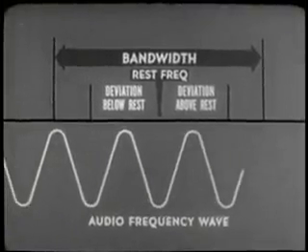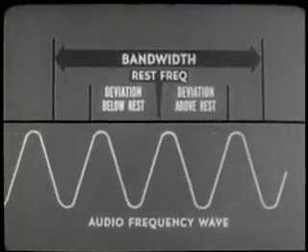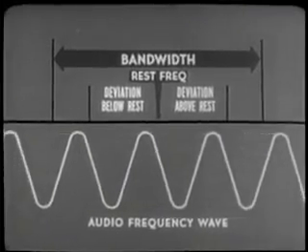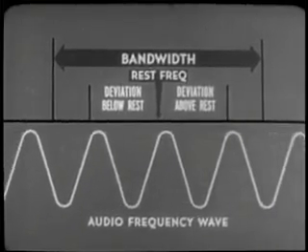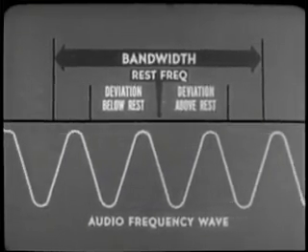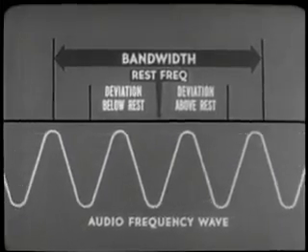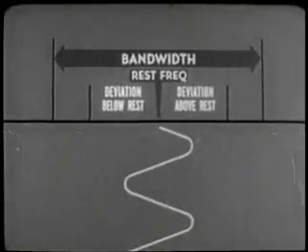Ordinarily, an audio frequency wave is visualized horizontally like this. But in order to see more clearly its modulating effect on the carrier, let's shift it about and direct it at the channel.